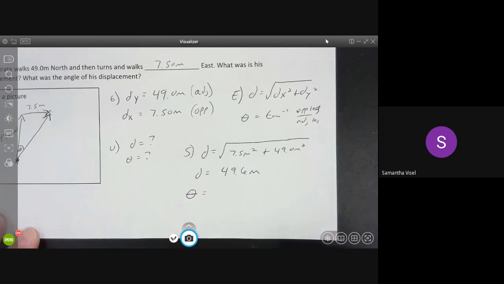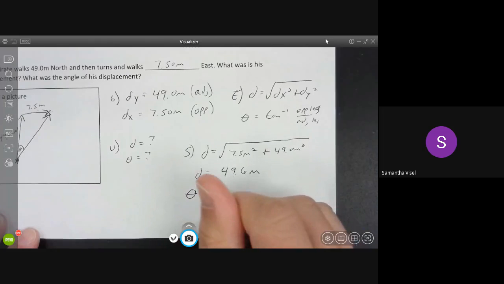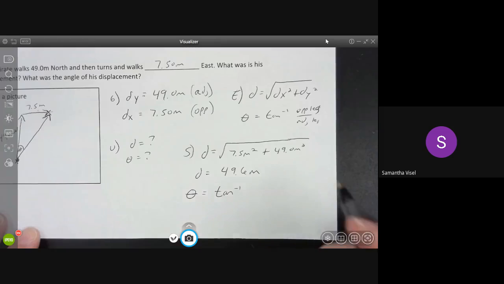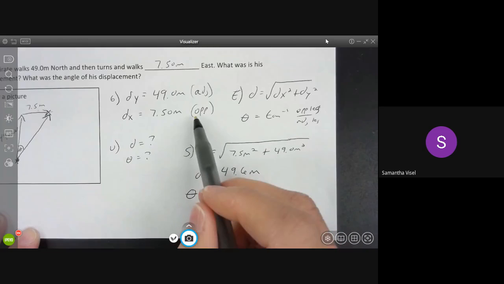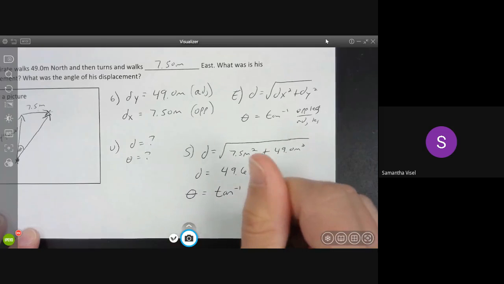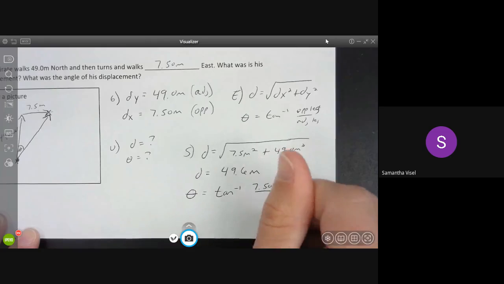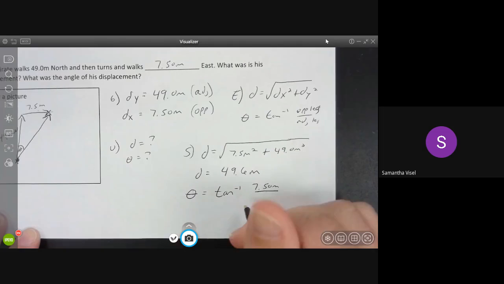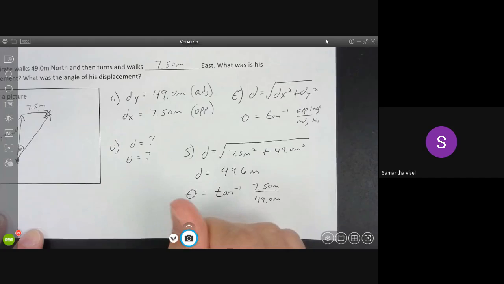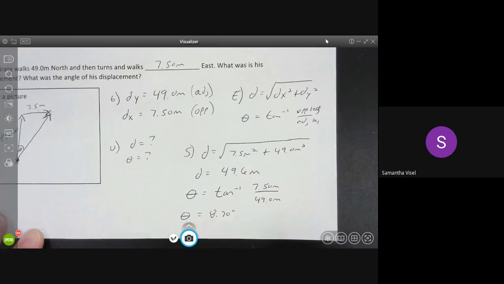All right, and then trying to find theta here. I can take the inverse tan of the opposite leg, which is 7.5 meters, over the adjacent leg, 49.0 meters. And for that, you should get 8.70 degrees.